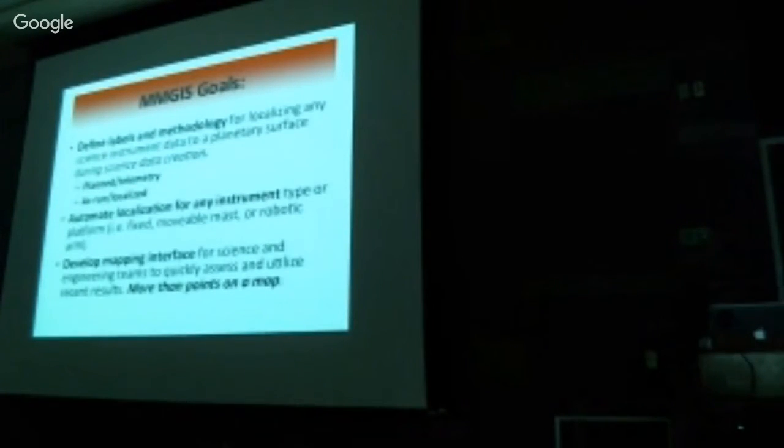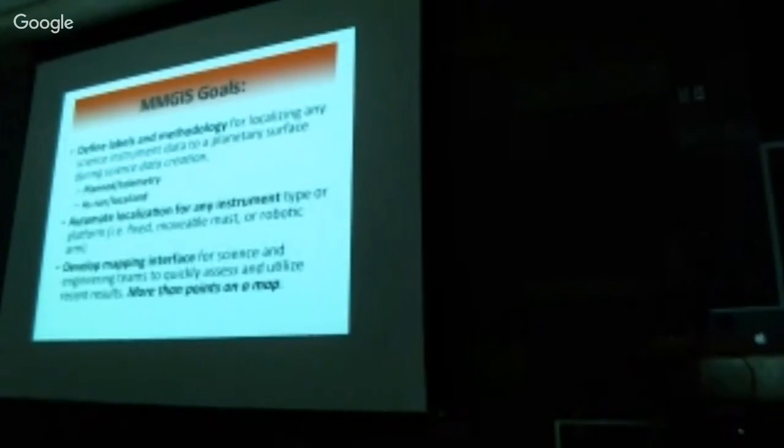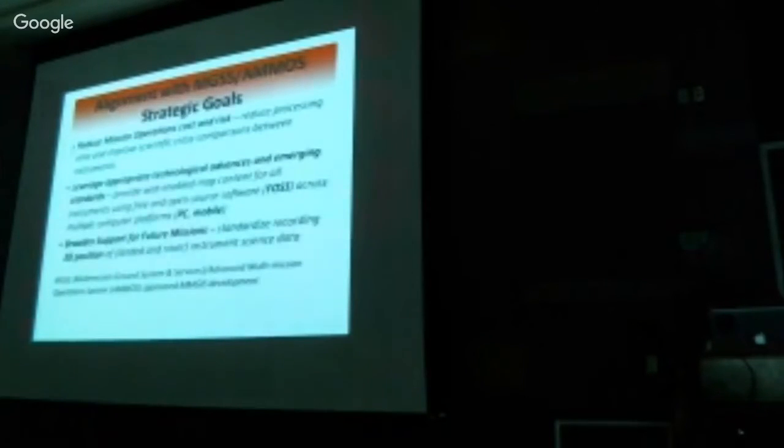So these are the MMGIS goals: to define these labels that we would push into the science data products and get their localization, where they are on Mars, either on their commanded position or based on how they were actually taken at the time on the surface of Mars. So we want to automate this for instruments that are on a variety of platforms and develop, again, this mapping interface to intersect with it.